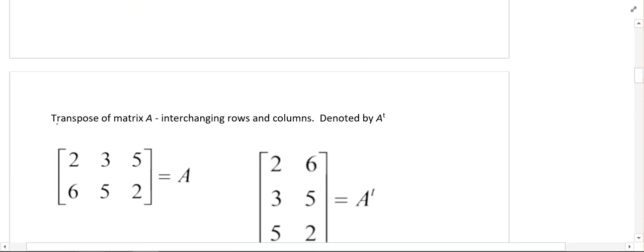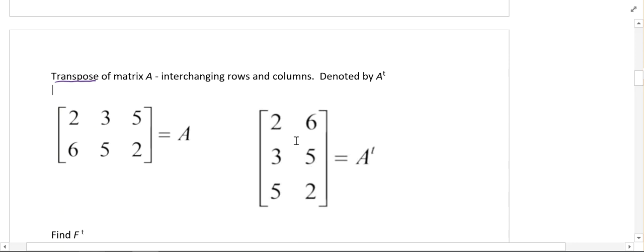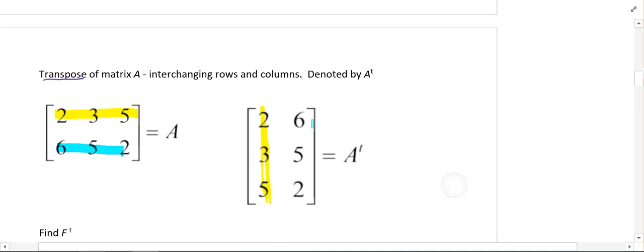So the first operation we can do is called a transpose of a matrix. It's basically interchanging the rows and columns, and it's denoted by A superscript T. So if my A is this 2, 3, 5, 6, 5, 2, you can see in A transpose how this row that was 2, 3, 5 has now become this column 2, 3, 5. And this row of 6, 5, 2 has become this column of 6, 5, 2.